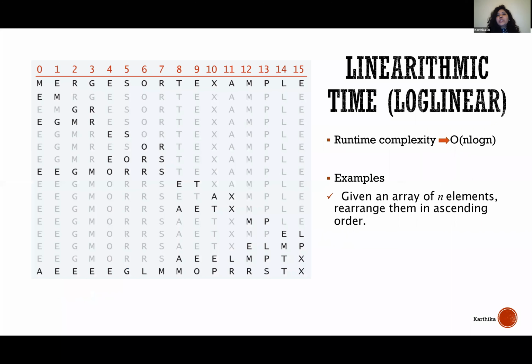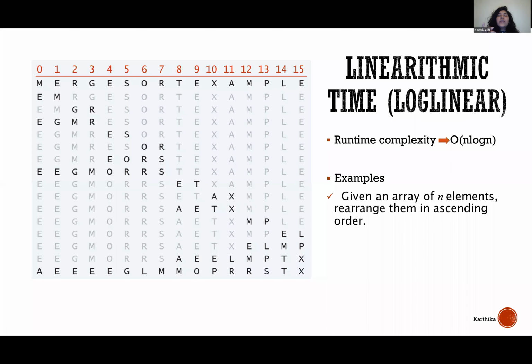Okay, we saw linear time, we saw logarithmic time, and this is log linear. Linear is represented as O of n, logarithmic time is represented as O of log n, and the product of both, that is n log n, is log linear time.